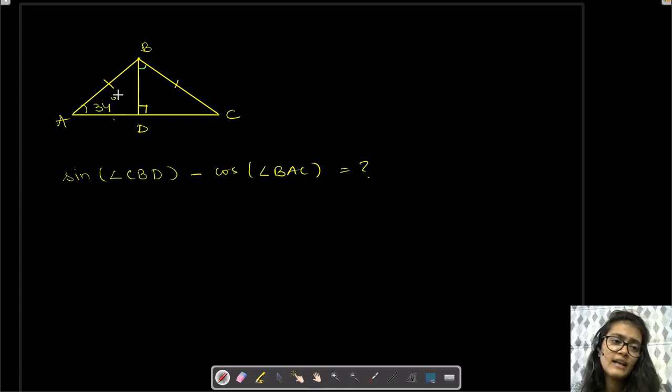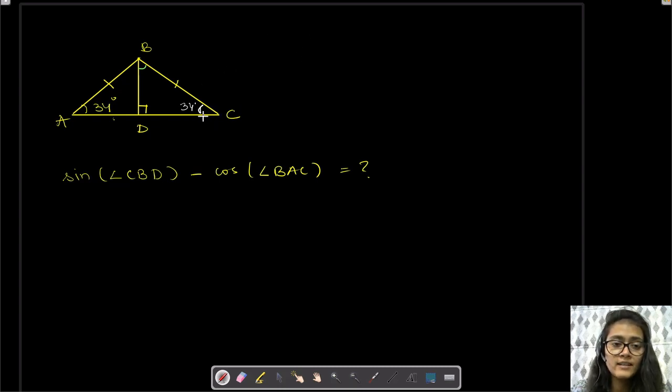So it's been given that AB is equal to BC. That means that triangle ABC is an isosceles triangle, and if this angle is 34, so this angle will also be 34, because opposite angles of isosceles triangle are congruent.